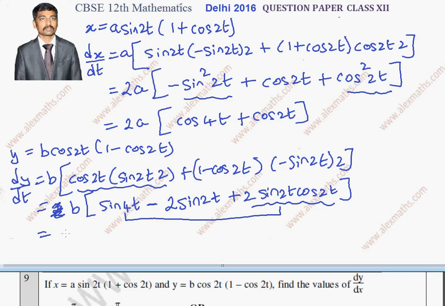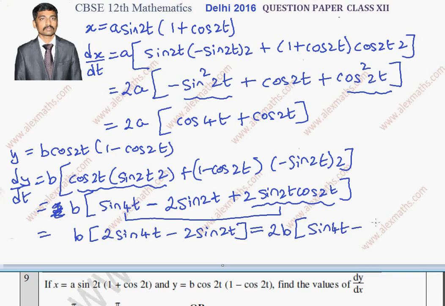Totally it is going to be 2 sin 4t, so 2 sin 4t minus 2 sin 2t. Now I could have taken the 2 common. So 2b into sin 4t minus sin 2t. So we got the value of dx by dt and dy by dt.